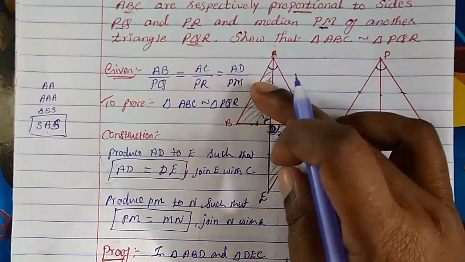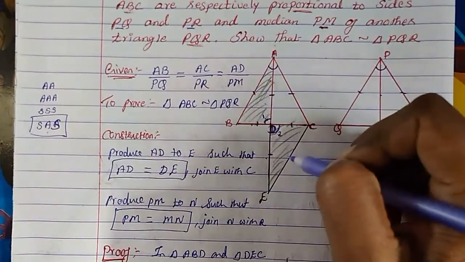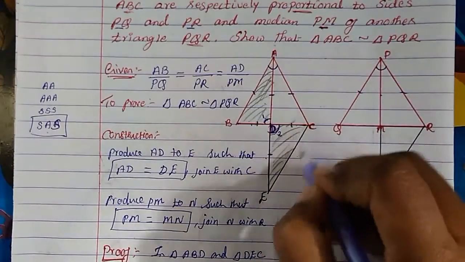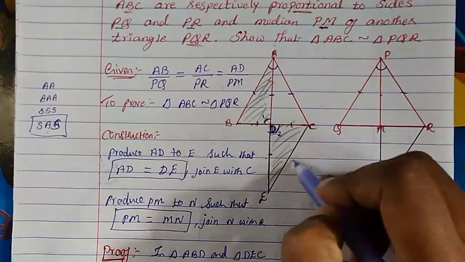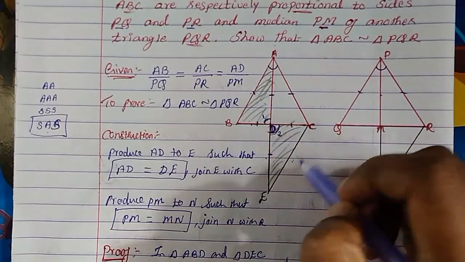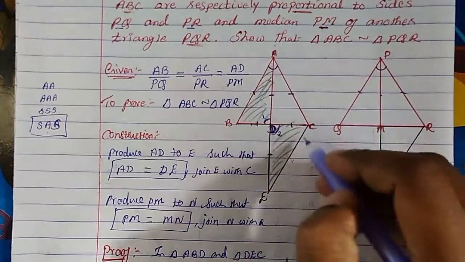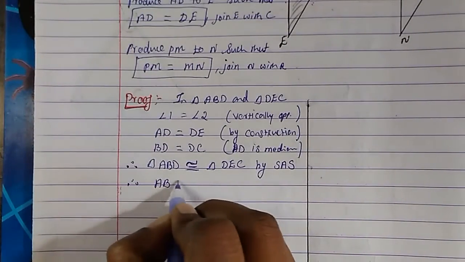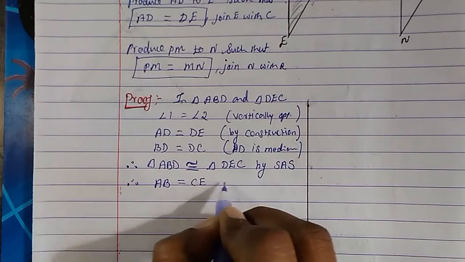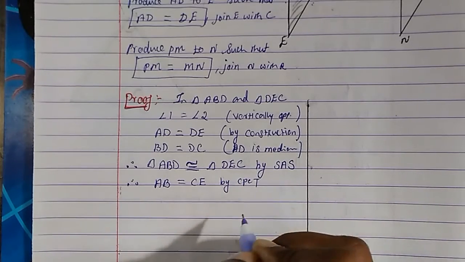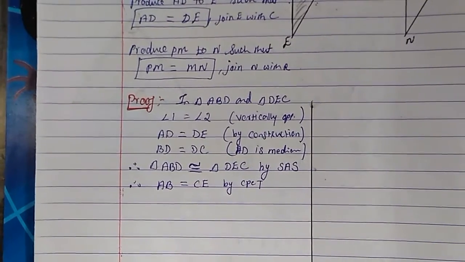So if they are congruent, then can we say AB is equal to CE? These two sides will be congruent, because by CPCT we can say AB is equal to CE. So therefore AB is equal to CE by CPCT.